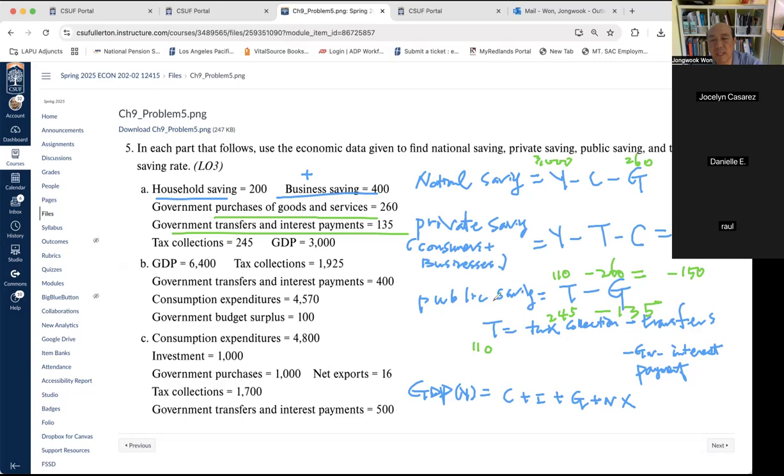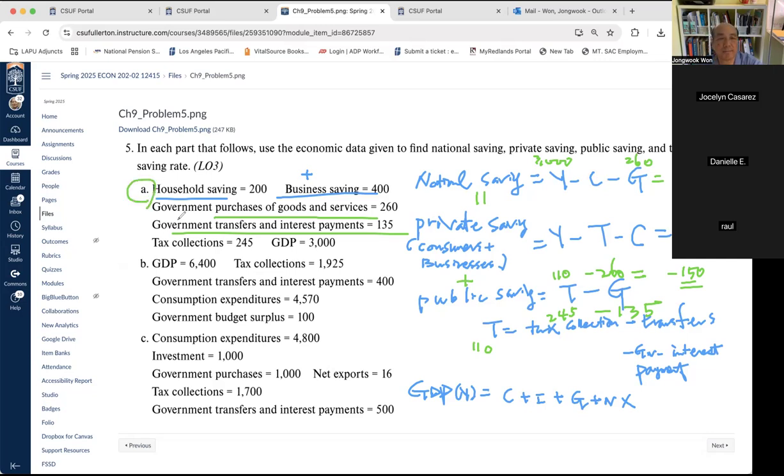Negative 150 saving means the government has a budget deficit of 150. Even though we don't know C, private plus public is total national saving: 600 minus 150 is 450.